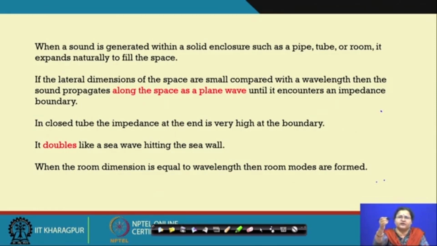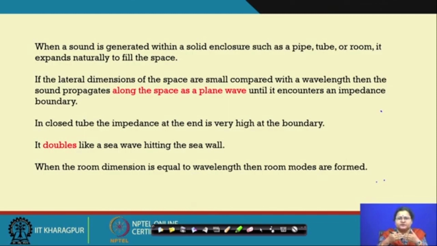The space in front of me is filled up by the sound energy thrown by my voice. If the lateral dimensions of the space are small compared to the wavelength, then the sound propagates along the space as a plane wave until it encounters the boundary, where it comes back and keeps on going and coming back.